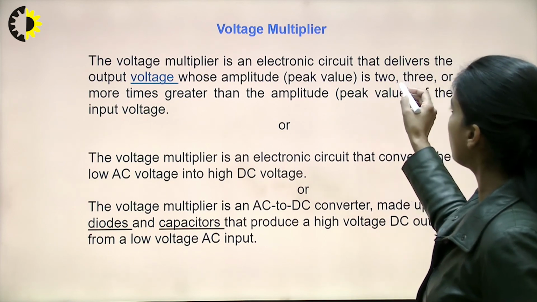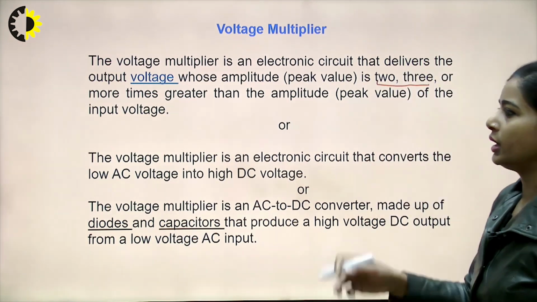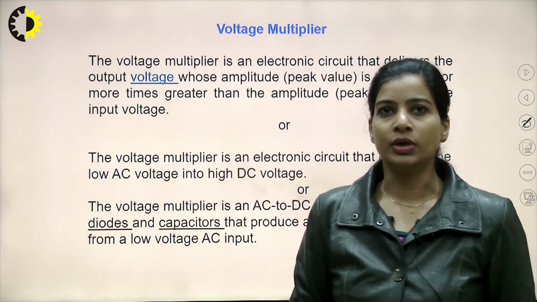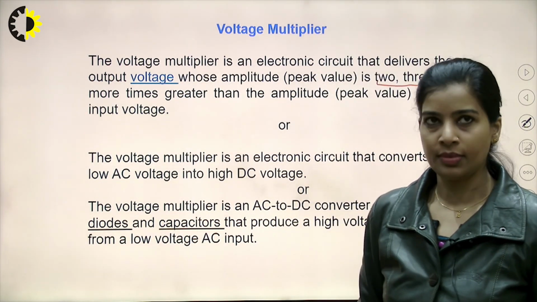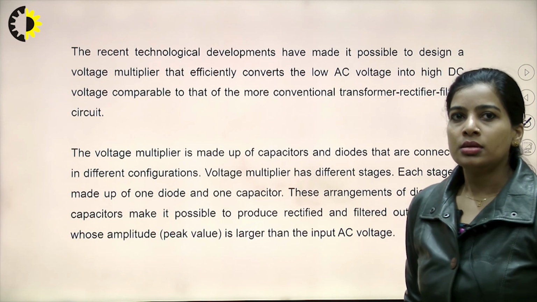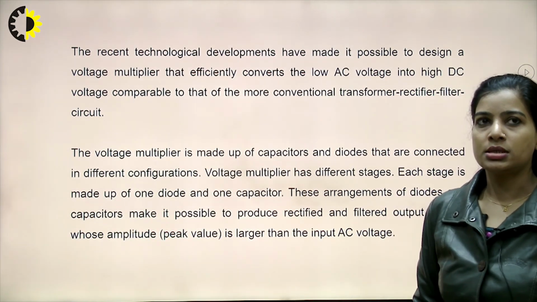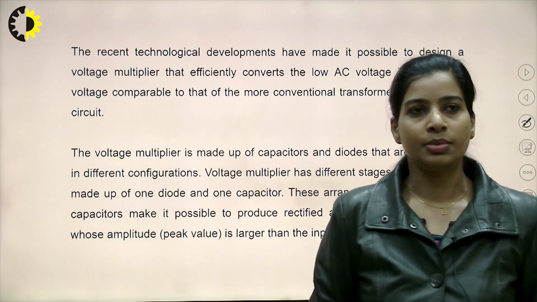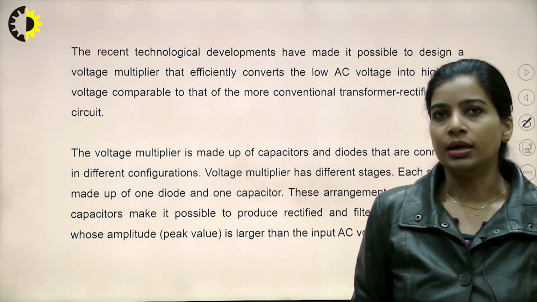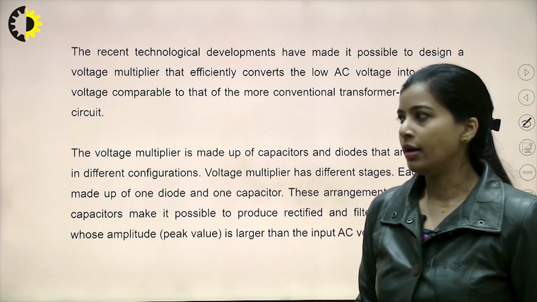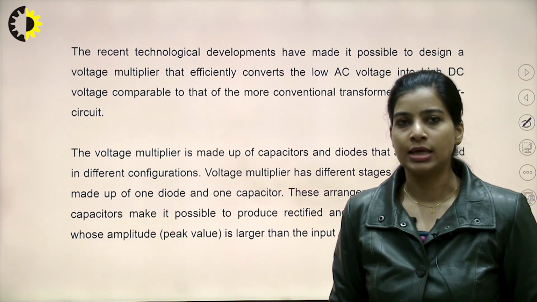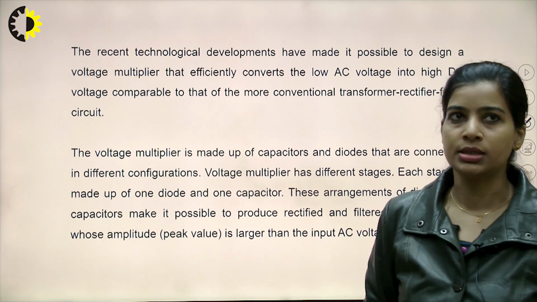That higher value could be 2, 3 or more times higher than that of the input signal. There are several applications of these multiplier circuits, and in this multiplier circuit we have resistance, capacitance and diodes as we did for the rectifier circuits.